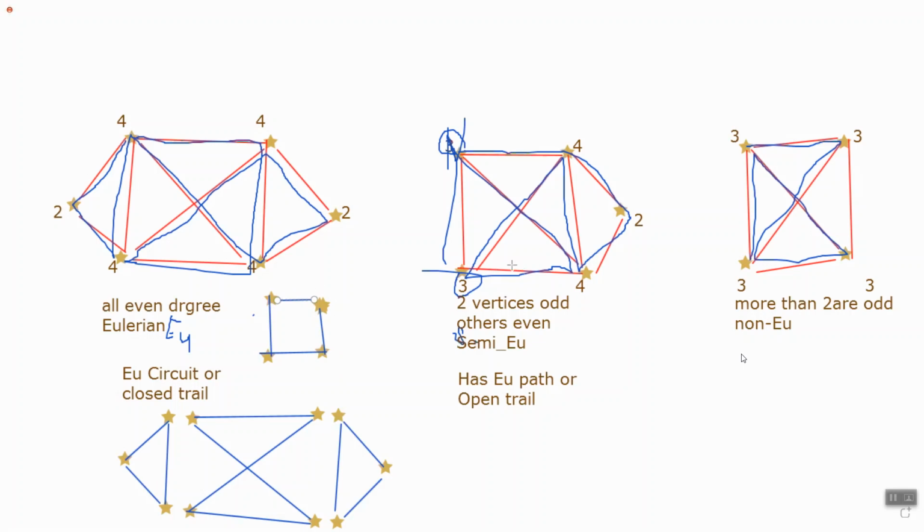But for the second one, we try to break it. What happened? You have to understand this, that's why I am drawing these things. When you break it, do you get all cycles?